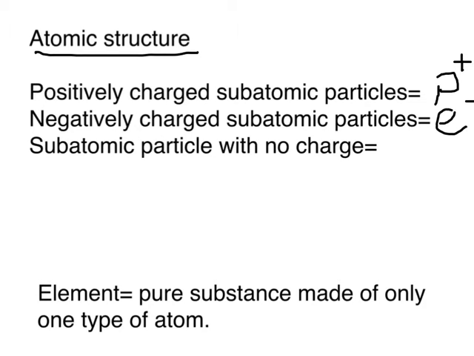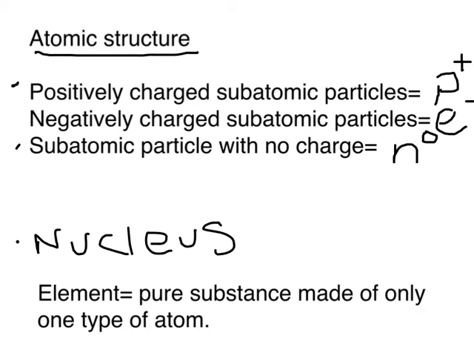And then the subatomic particle with no charge is the neutron, and I always abbreviate that N0. Now, the protons and the neutrons are in the nucleus. These electrons, however, are found in the electron cloud.